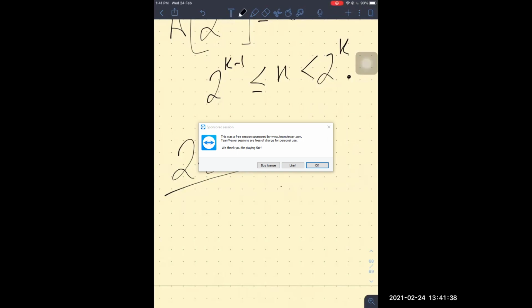Welcome back, everyone. So, anyone has any idea on how to solve this question? Let me read the question first. It says that you are given two sorted lists of size m and n.